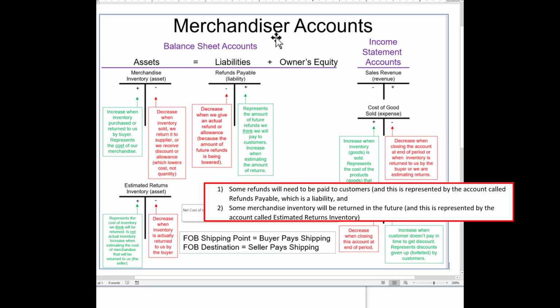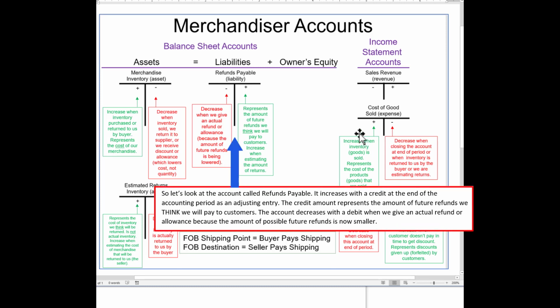Some refunds will need to be paid to customers, and this is represented by the account called refunds payable, which is a liability. And 2. Some merchandise inventory will be returned in the future, and this is represented by the account called estimated returns inventory, which is an asset.